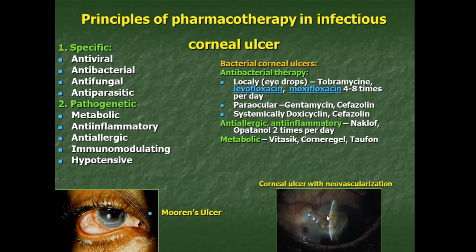Also, we should prescribe antibiotics systemically, like doxycycline, cefazolin, moxifloxacin. We should add anti-allergic and anti-inflammatory drops like Nacluf or Patanol. And in the stage of regression, we should add metabolic therapy which improves epithelialization, like corneal gel, Taufon, Vitasic.